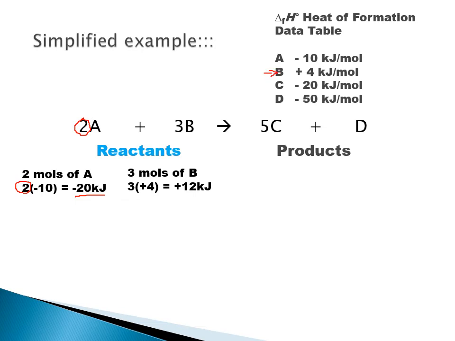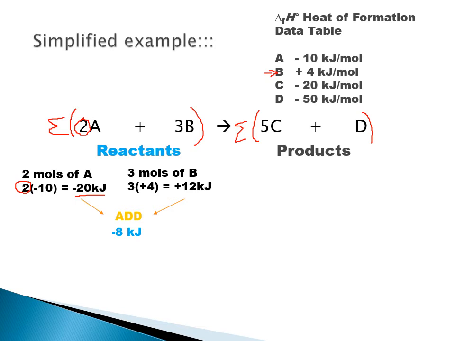So it's a little bit different, but we have plus 12 kilojoules. We add them all together because remember, we are taking the sum of the reactants, and we will take the sum of the products after. Okay, and for a grand total of negative 8 kilojoules.